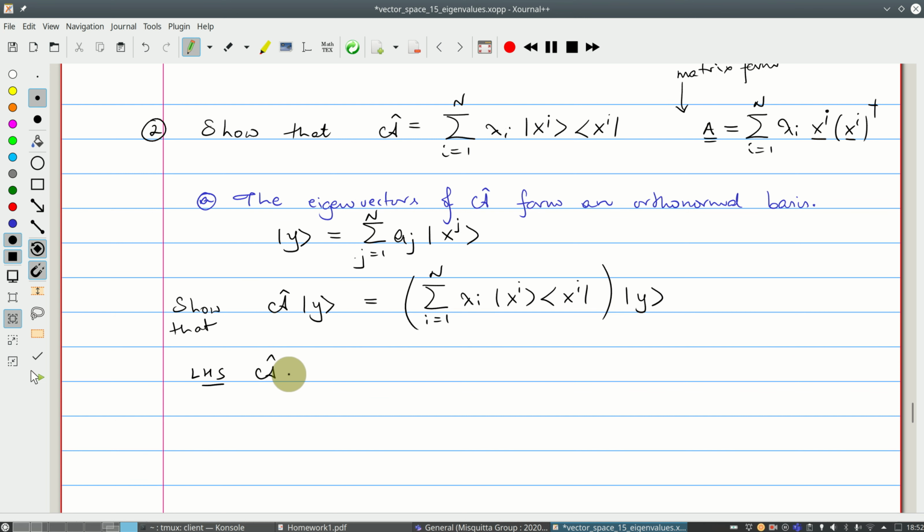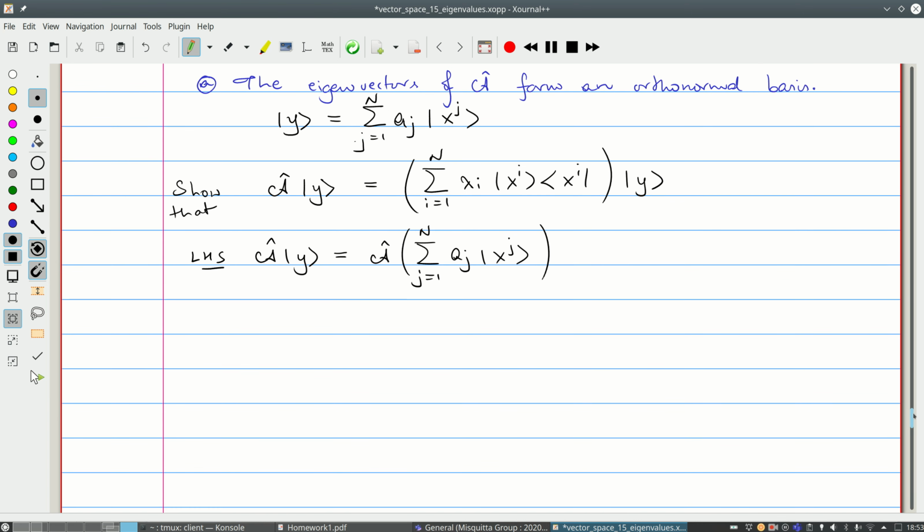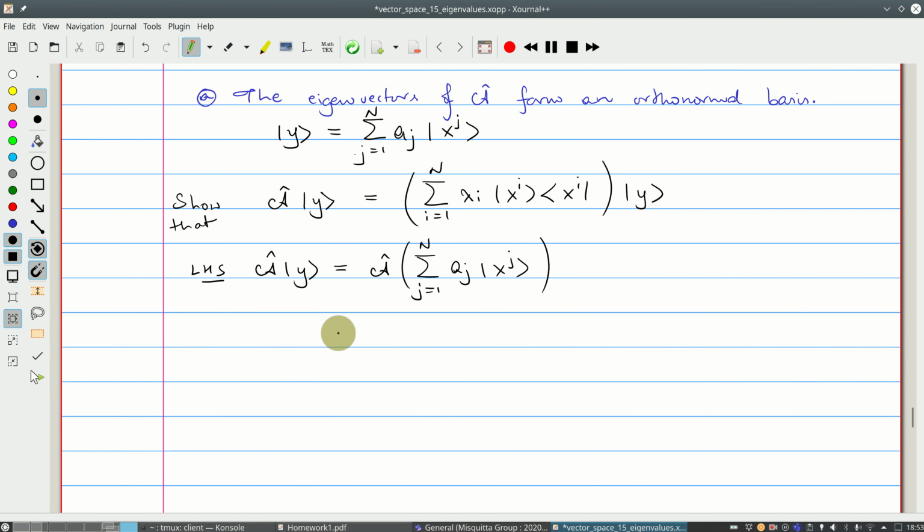That's simply A hat operating on y, but we know that y is given by this quite generally because these eigenvectors of A hat form an orthonormal basis. So it's a complete basis for this space. Okay, so then we have A hat operating on the sum, j goes from 1 to n, aj, xj. Now A is a linear operator, so it can be pulled into the sum, and it does nothing to the scalar there, it just operates on the vectors.